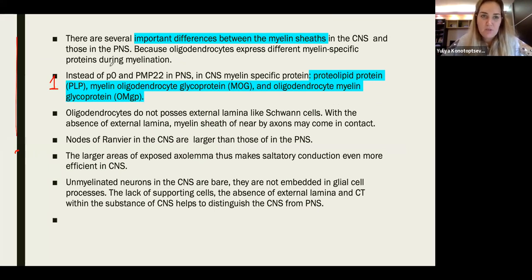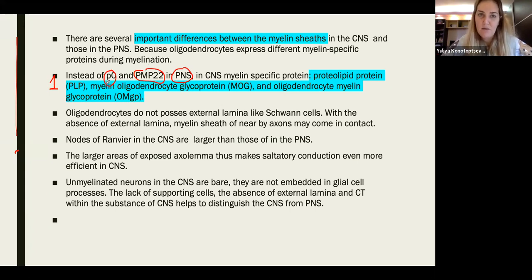And one of these proteins are called P0 and PMP22. P0 and PMP22 are limited to the PNS. So only in the myelin sheath of the PNS, you can find these proteins. In the CNS, so produced by the oligodendrocyte, myelin sheath there, you will not find P0 or PMP22.